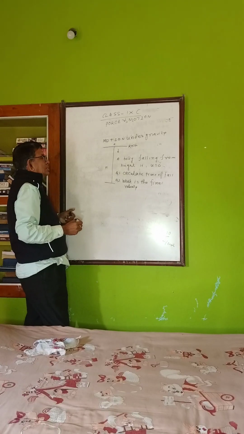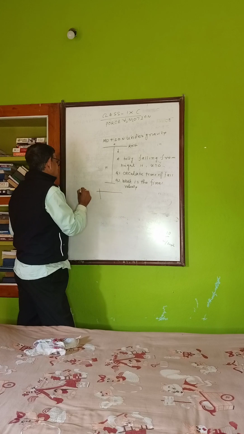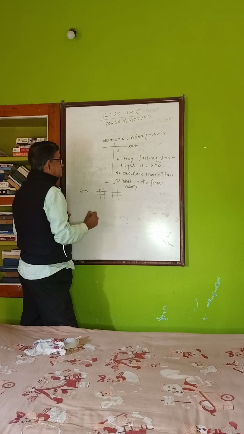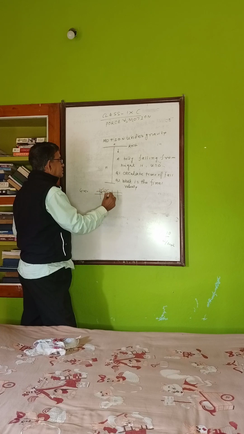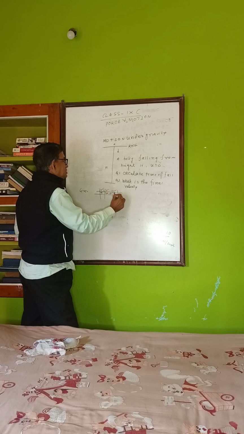Clear? Children, now data given, what is given? Given, you see, H is given, U is given, G is given, you have to calculate V.